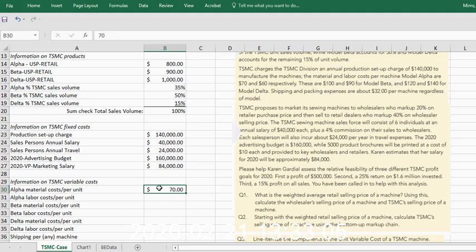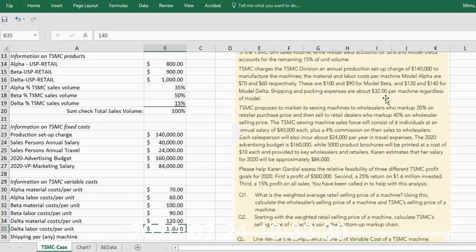So let's just plug that in, $70 and then $60. And then for Beta, we have $190 respectively, so that's $100 for material and then $90 for labor. And then Delta is $120 for material and $140 for labor. So you can see all of those variable costs right there.